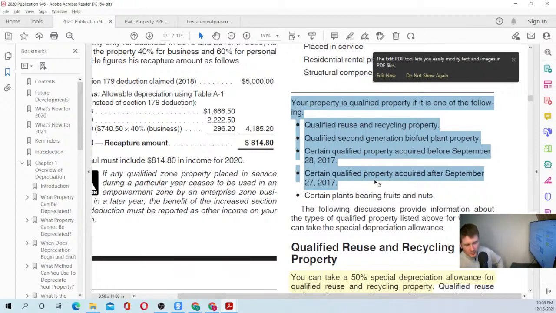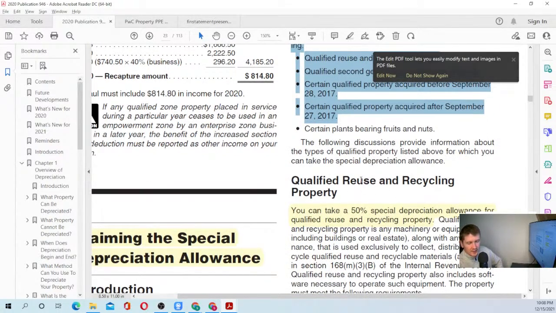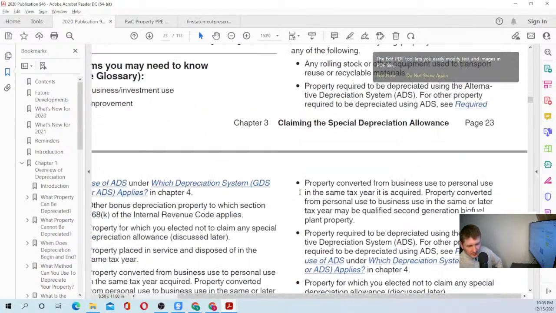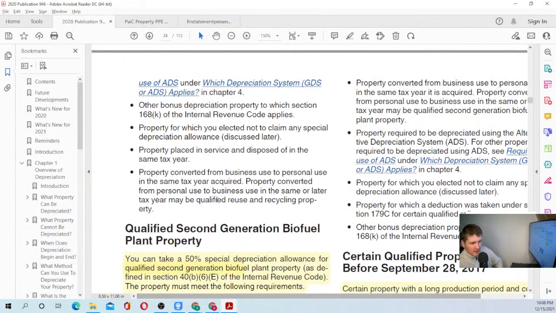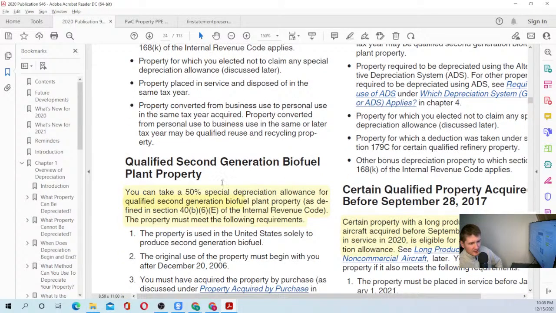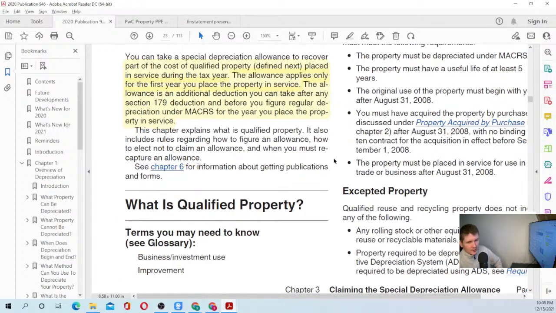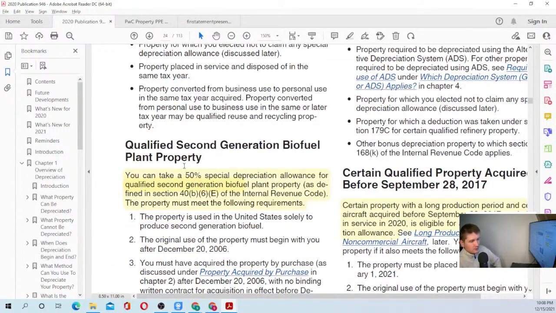And let's see what property is included. So reuse and recycling, these are one-off items. We do not look much into it. Reuse and recycling, biofuel plant property. So you just need to know that it's there. If you have to deal with reuse and recycling or biofuel plant property, you go straight to that guidance.